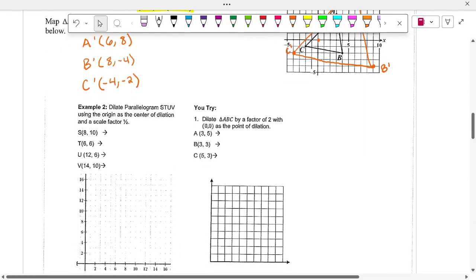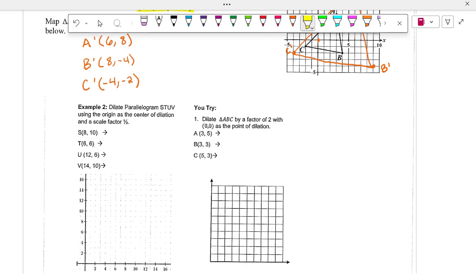Now, I'm not so worried about the graphs of these. I'm more worried about whether you can get the points. So, for example, I'm dilating that parallelogram STUV by a scale factor of 1/2. If I'm multiplying everything by 1/2, what am I actually doing? Dividing it by 2. So what would S prime be? 4, 5.